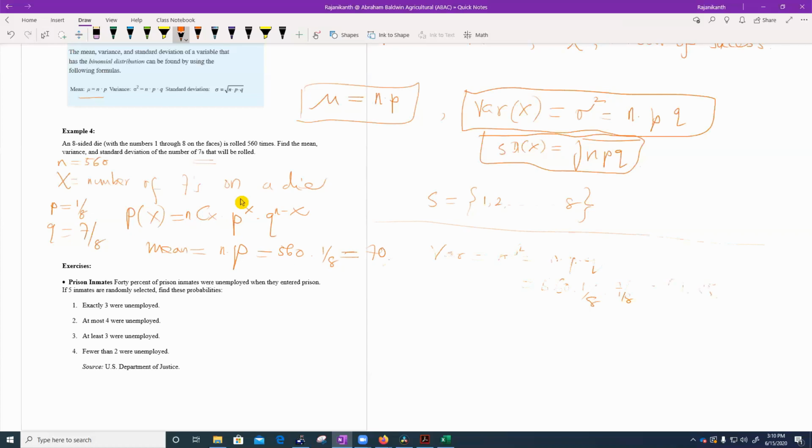Please check whether you are getting this number. Therefore, the standard deviation for this problem, sigma, is given by the square root of 61.25. So this is roughly 7.83. Okay. So that is finding mean, variance, and standard deviation for a binomial experiment.